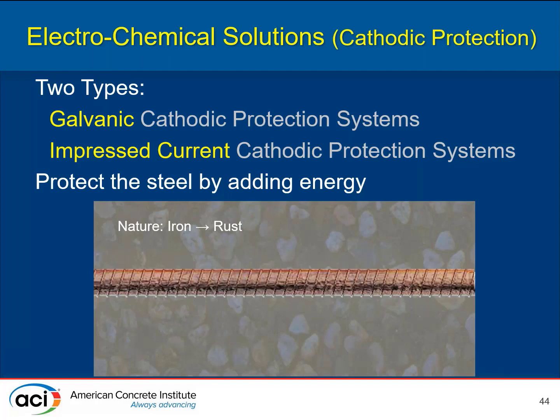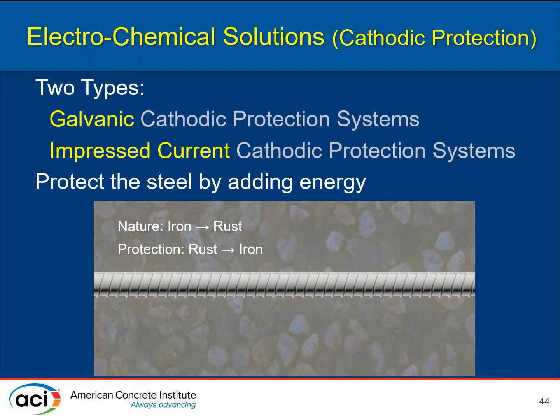But nature doesn't like that. It wants the iron to go to rust. So we put all this energy into it in the furnace, you put it back out in nature, and nature wants to drive it back to the rust. Well, the way we avoid that is we add energy from this cathodic protection system, and we keep that rust going back to iron.